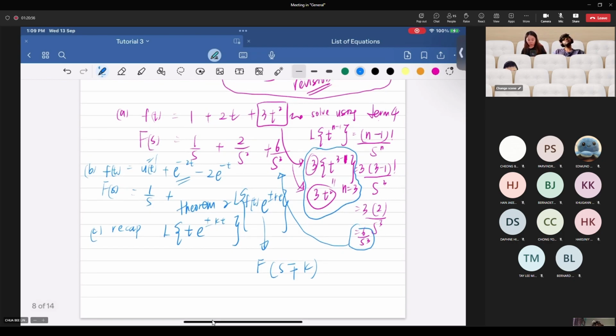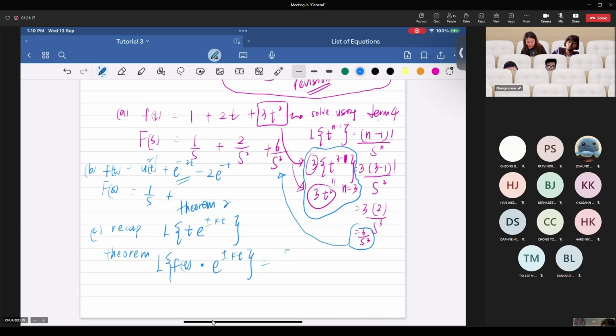So in short, your theorem 2 is, okay, I will put at the bottom here. So what is your theorem 2? As a recap, anything multiplied with exponential term plus minus kt, when you Laplace transform this, you will get the answer of F, then s, reverse the sign, minus plus k.